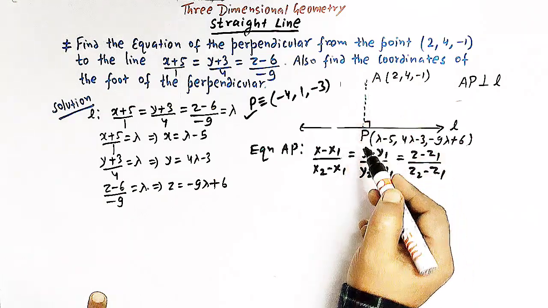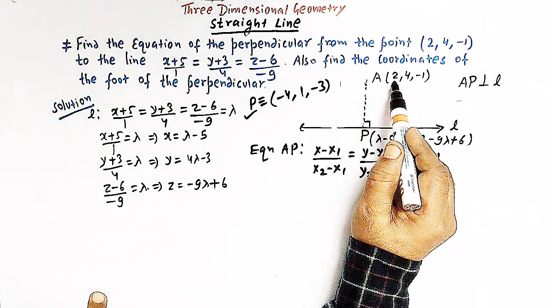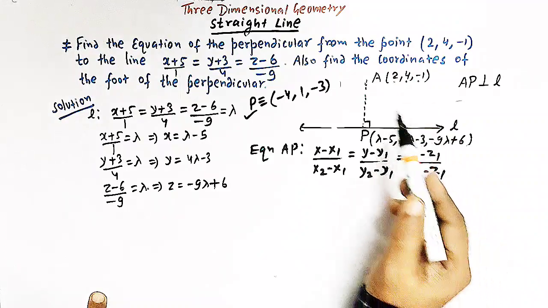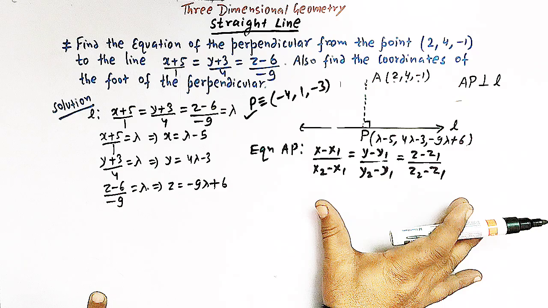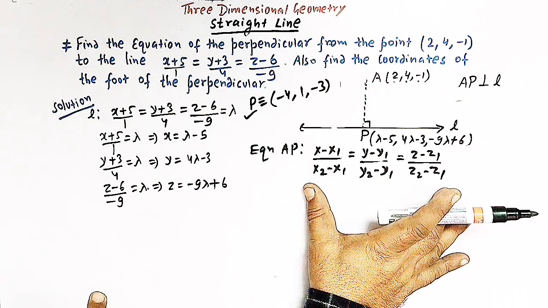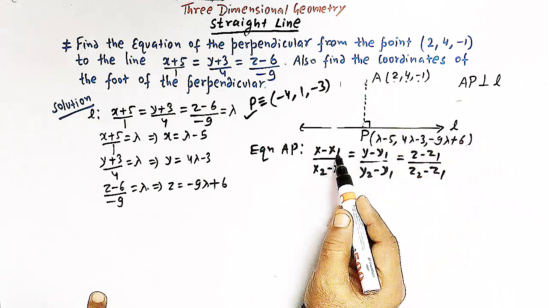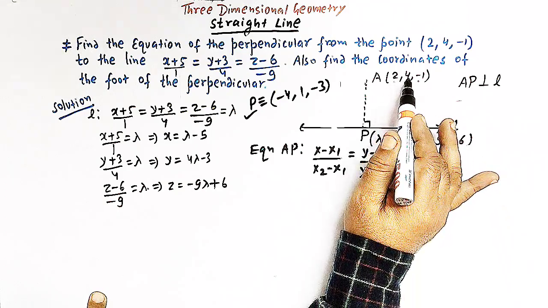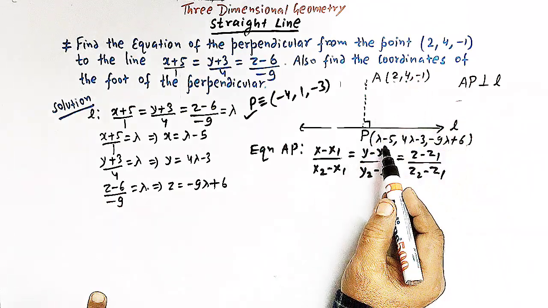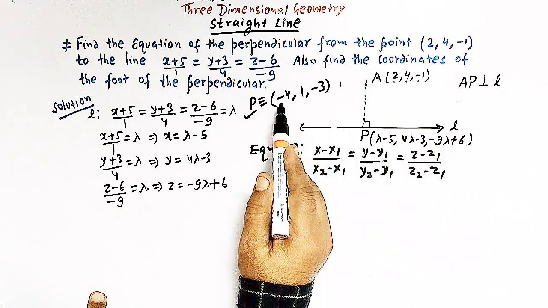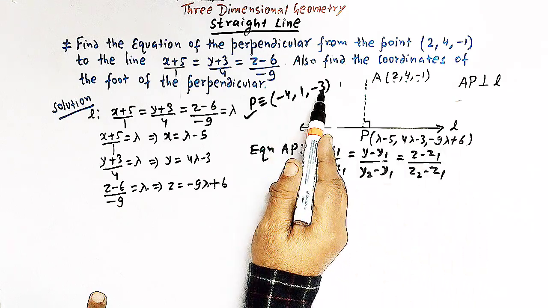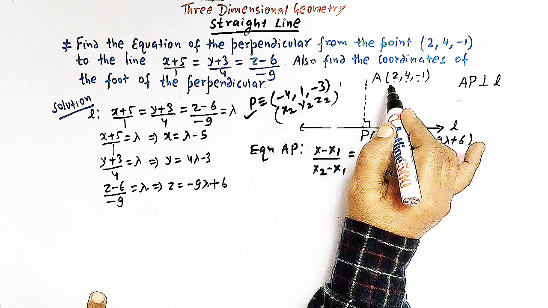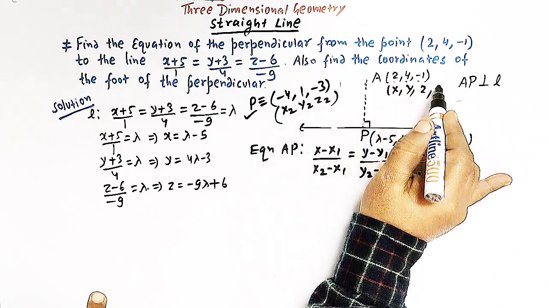So when we have 2 points, that is say x1, y1, z1, and this is x2, y2, z2, then the equation of AP is given by this equation, right? So here we can take x1, y1, z1 as 2, 4, minus 1, and x2, y2, z2 as minus 4, 1, minus 3.